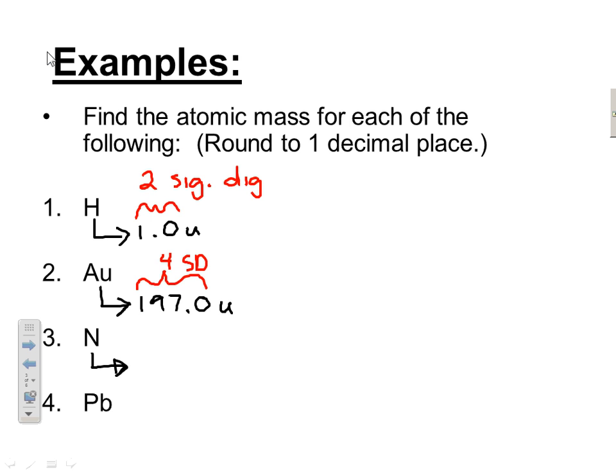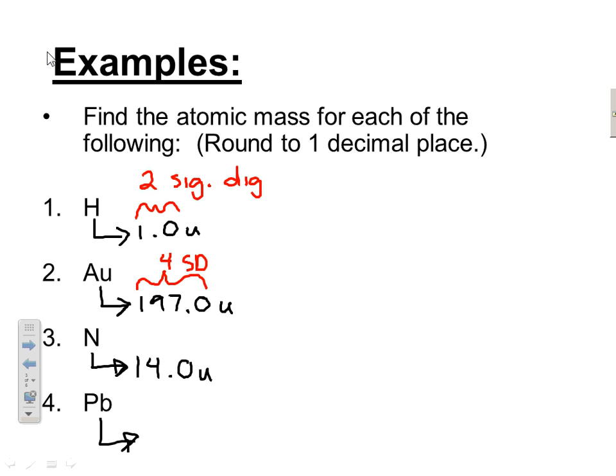Yep. 14.0 U. Excellent. 3 significant digits on that one. We know it so well, we know it to 3. We actually could know it to more because the periodic table tells us more, but we're only going to keep the 1 decimal. And PB, what do we have for PB?